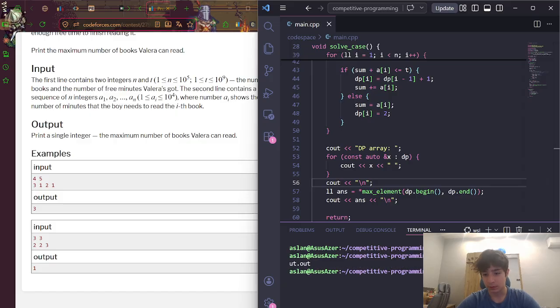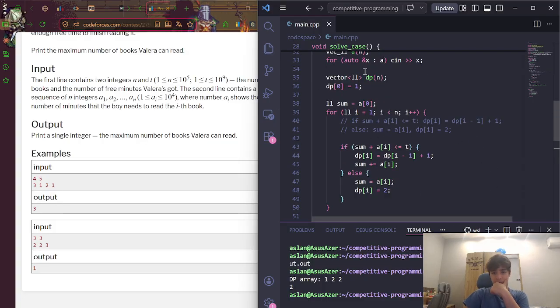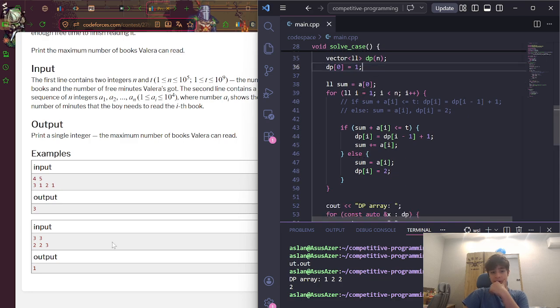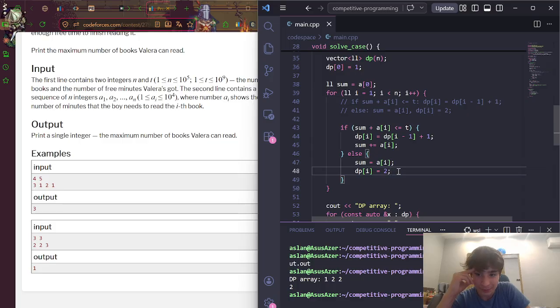Okay, so let's run it. There's one book. Then I go for this element, and sum equals A0, meaning the first element too. I couldn't understand how it's possible. Yeah, it's possible because I put there two, but what do I need to do?